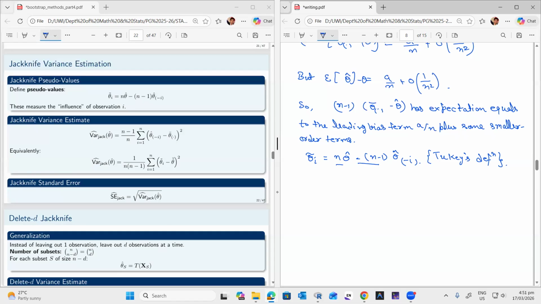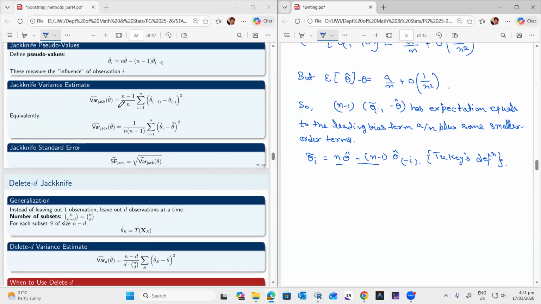So here the jackknife variance estimate is basically: variance jack of theta cap equals n minus 1 upon n, summation i goes from 1 to n, of theta cap minus i minus theta bar dot, whole square. All right. So this is Tukey's jackknife variance estimator.